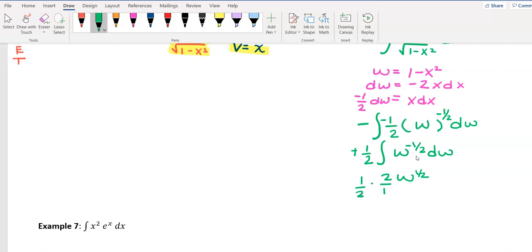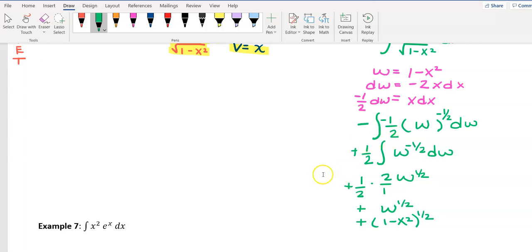So this 1/2 times 2, of course, would really just simplify to be 1. And then you can write the 1 there or not, w to the 1/2 power. So let's get it back in terms of x, and we'll write that as 1 minus x squared to the 1/2 power.